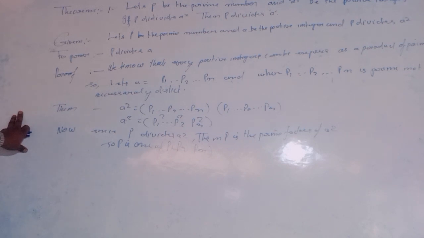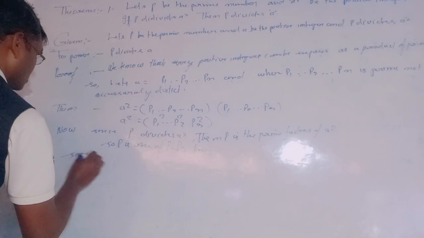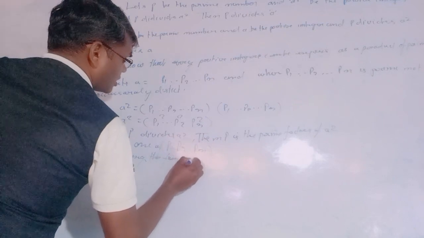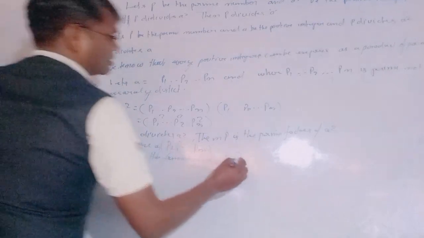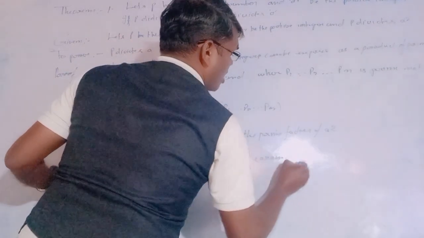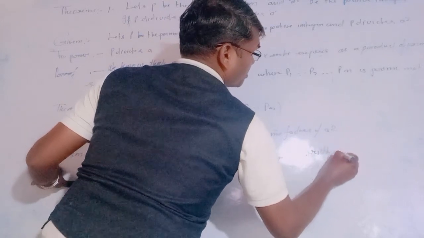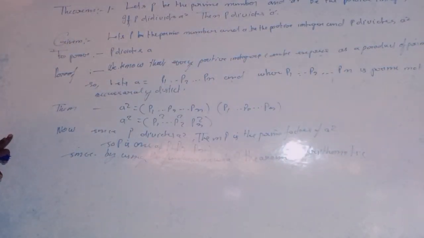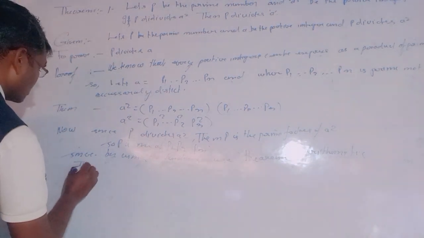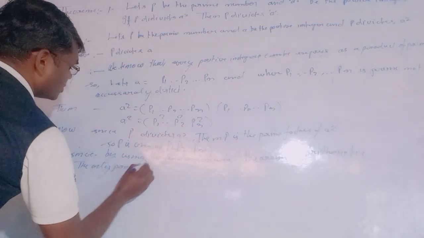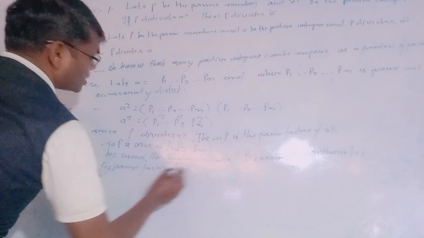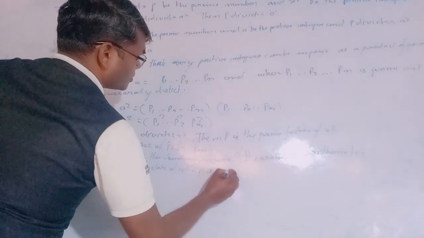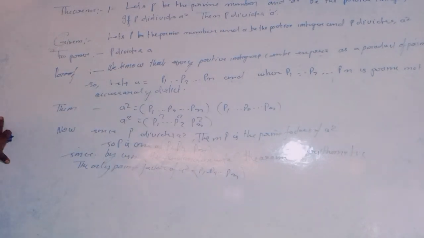By using the fundamental theorem of arithmetic, the only prime factors of a square are p1, p2, up to pn.